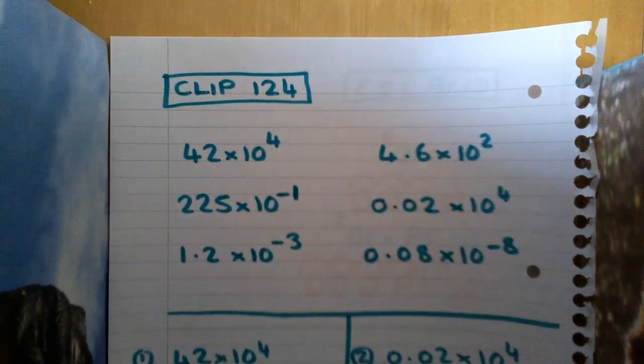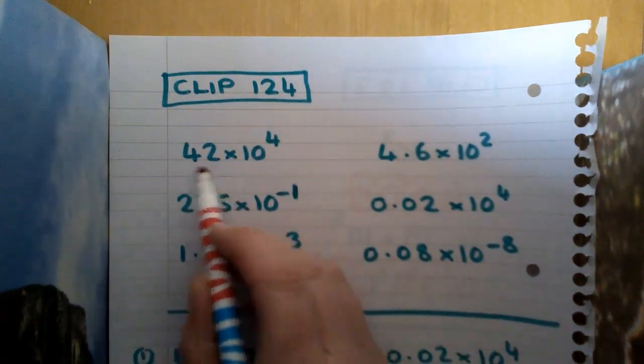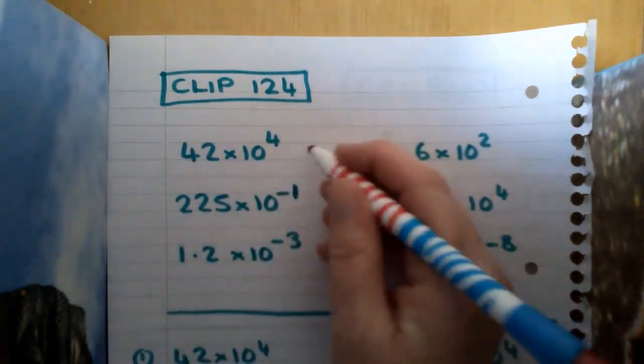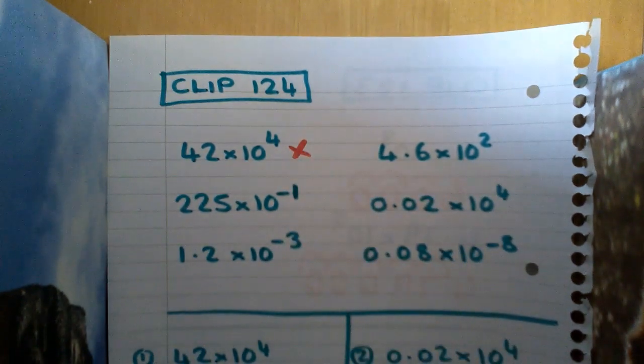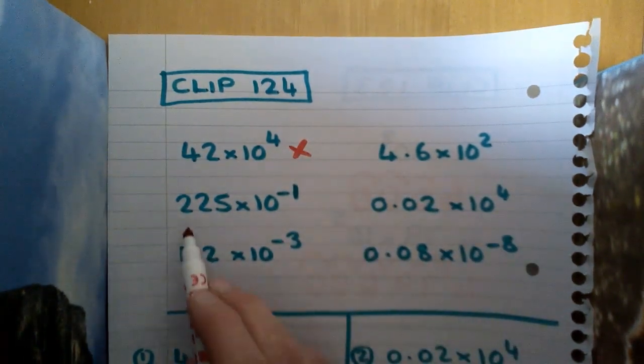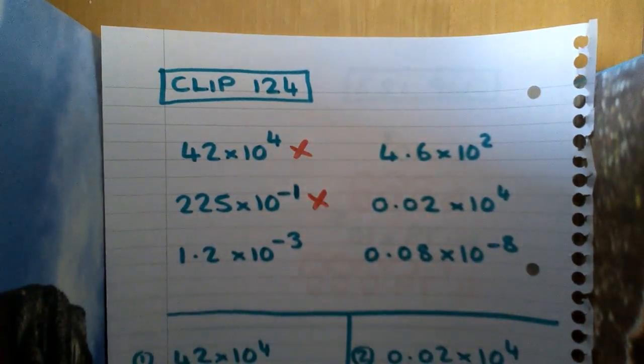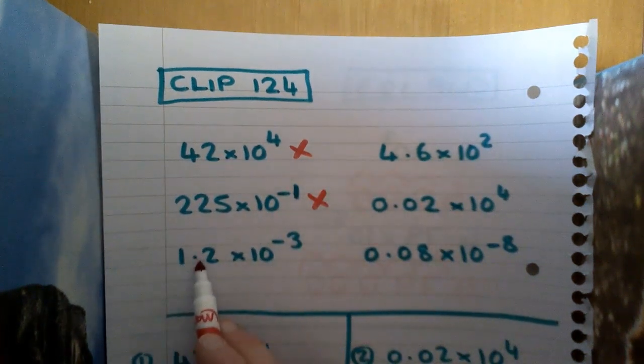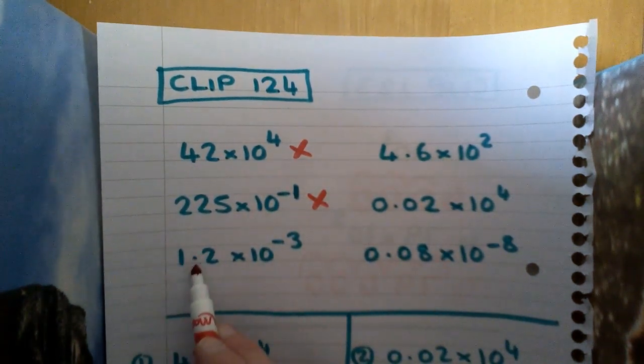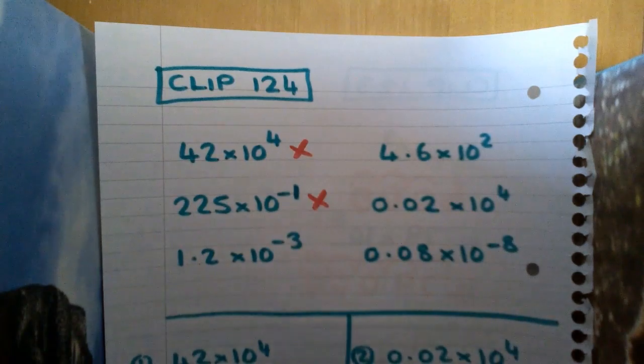So if I look at this, we can see that this is 42. So that isn't in correct standard form, okay? This one is 225. So again, that isn't in correct standard form. This one is 1.2. So one digit in front of the decimal point isn't a 0.